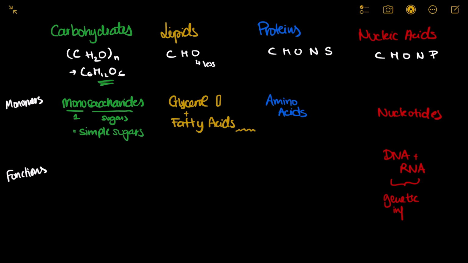This genetic information is important for all the traits that you have and also gets passed on when we have offspring. So that's a first overview of the 4 biological molecules, and make sure to watch the next videos when they're out.